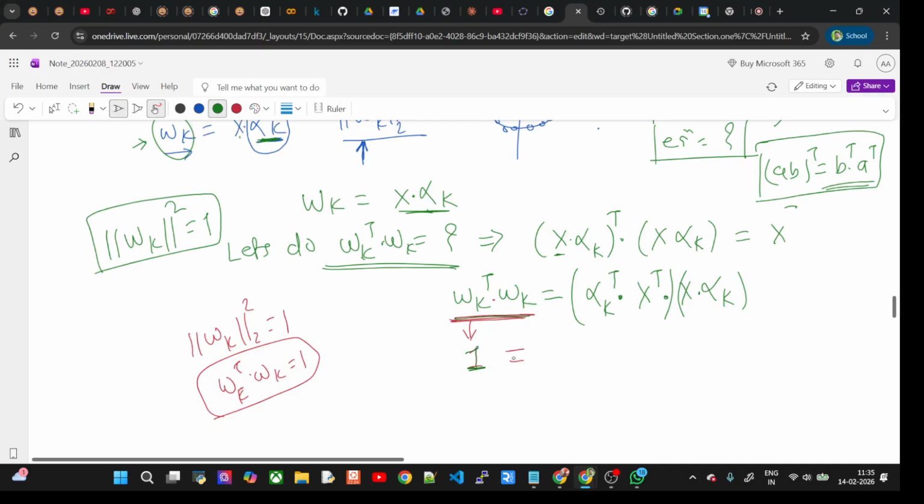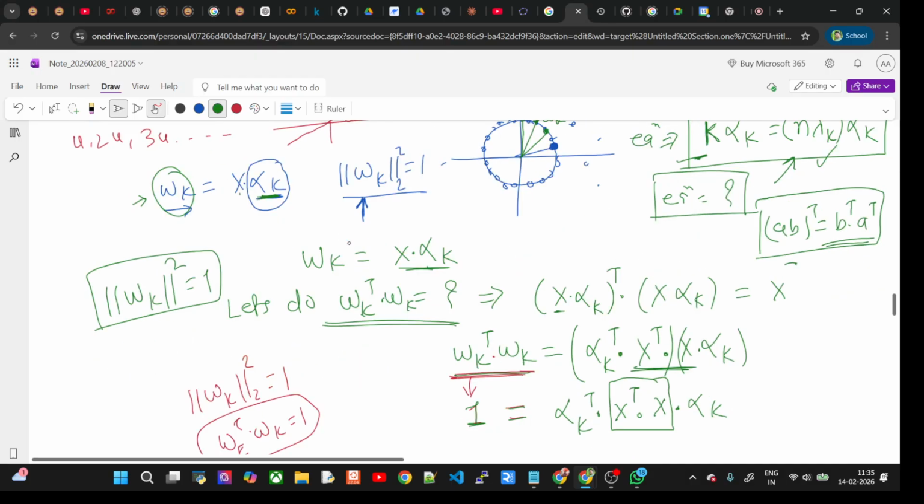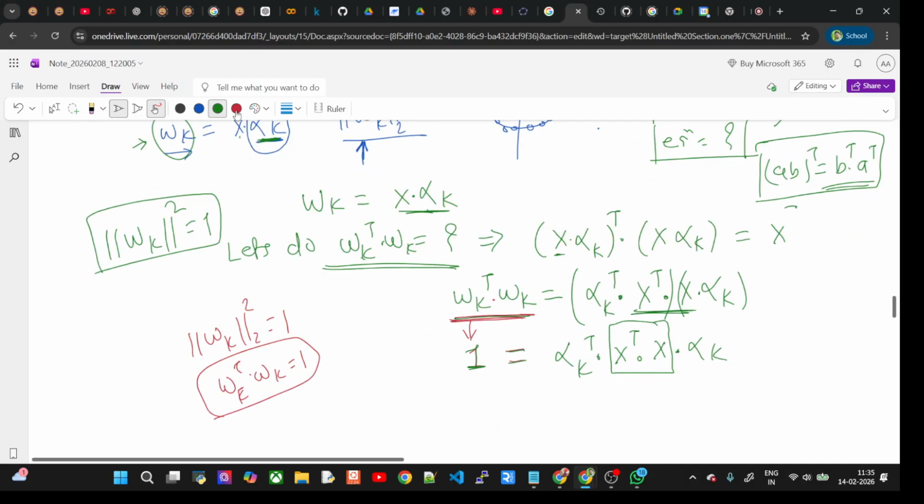This next equation is alpha k transpose x transpose x, because I'm just trying to write alpha k here. And x transpose x is what? We know that earlier we mentioned this is nothing but k, because in earlier equations k is equal to x transpose into x, and we don't want to write everything together.